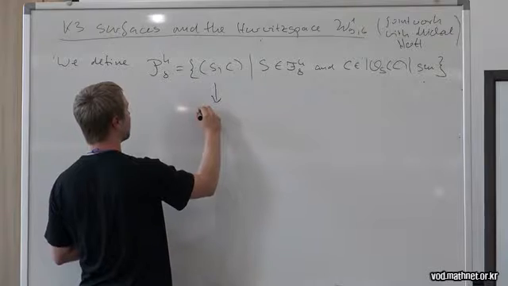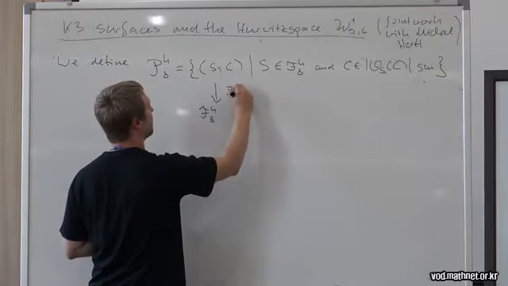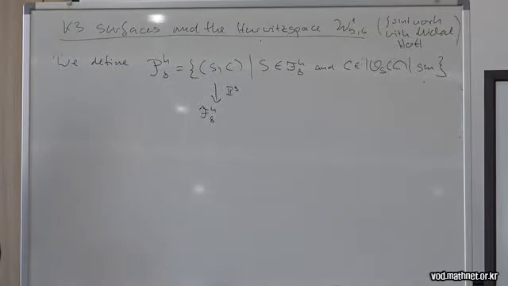So this is a tautological P9 bundle over FH8, and this is the object we want to consider.